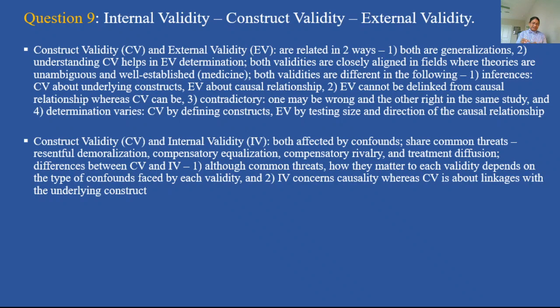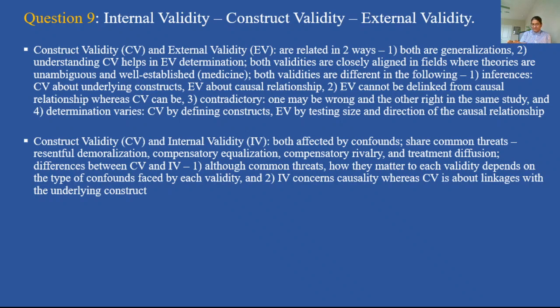These confounding variables are equally important for construct validity as well as internal validity. This relationship is further explained by some common threads they share. What are these threads? The book talks about resentful demoralization, compensatory equalization, compensatory rivalry, and treatment diffusion.